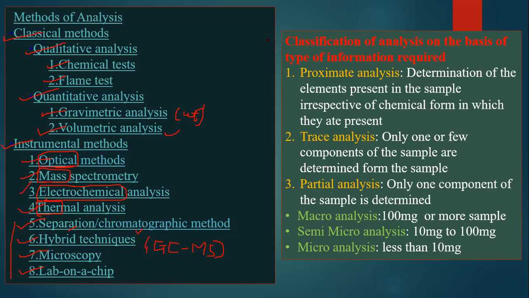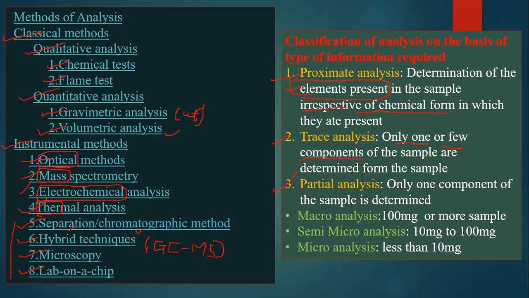Now, classification of analysis on the basis of type of information required. As I told you, proximate analysis is the determination of elements present in the sample, irrespective of chemical form. That substance may be in solid, liquid, or gaseous state, but you find out the elements from it. Then trace analysis, where you study only one or a few components from the sample.